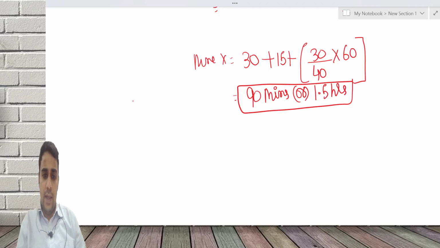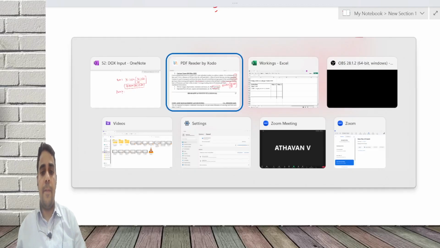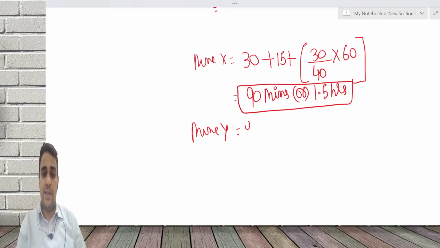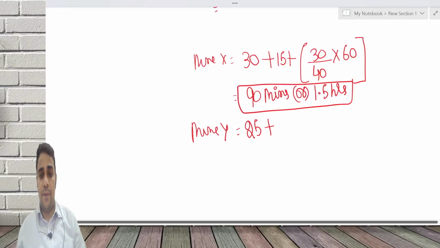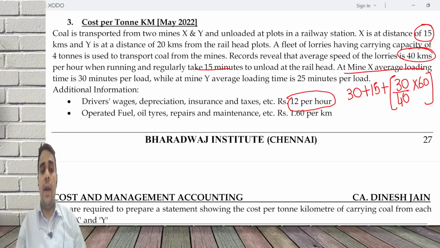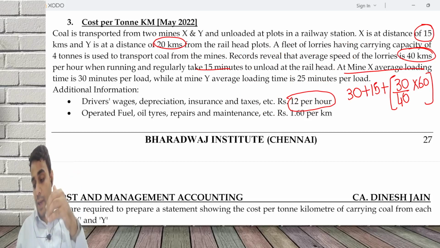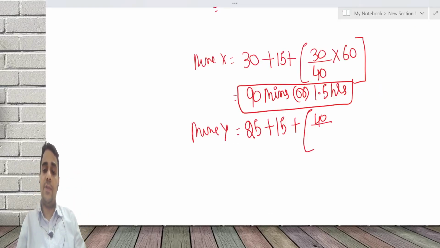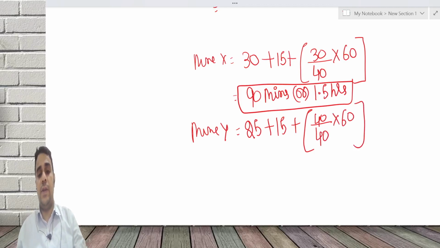Then mine Y, we will take loading time as 25 minutes, unloading time is 15 minutes, and the distance is 20 kilometers. 20 is going, 20 is coming back. So indirectly it is 40 kilometers by 40 kilometers, basically it will take 1 hour, 40 by 40 into 60.